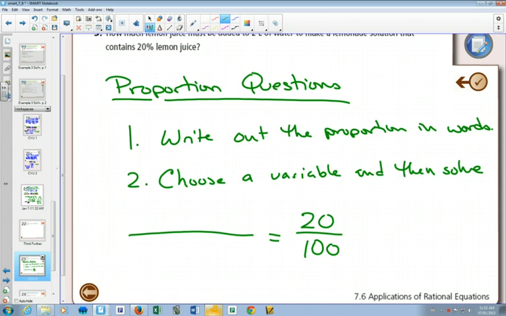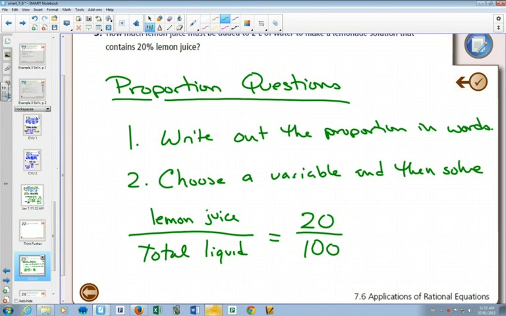We have our total liquid down here, right? That's just like if you wanted 20% on a test, you'd have the total amount that the test is. And then the amount that you get right, well, this on top would be our lemon juice. How much we have lemon juice out of the total liquid has to be 20%. That proportion isn't hard to write out in words, right? Lemon juice over total is 20%.